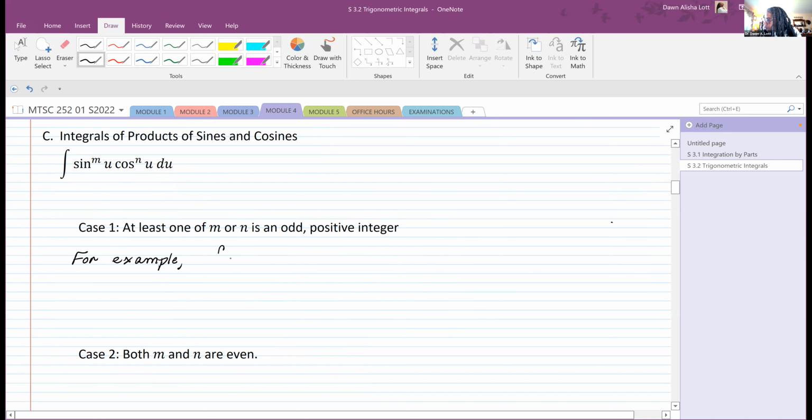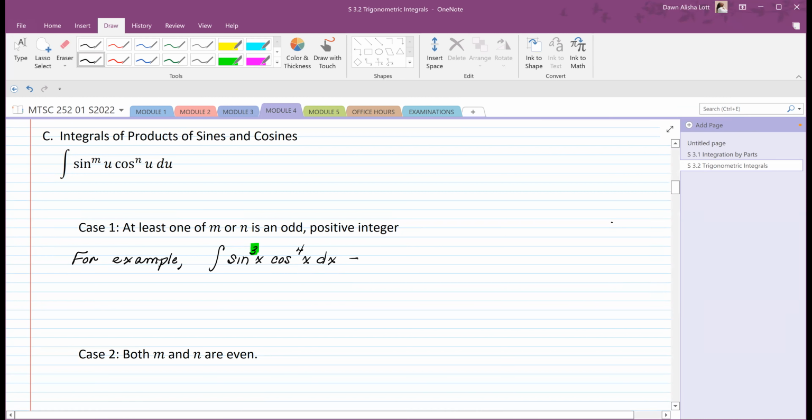Okay, so for example, you have the integral of sine cubed of x cosine to the fourth of x dx. Okay, so we see that we have sine cubed. So what we're going to do is take one sine from it and save it.